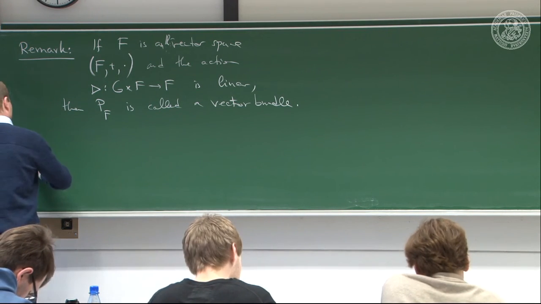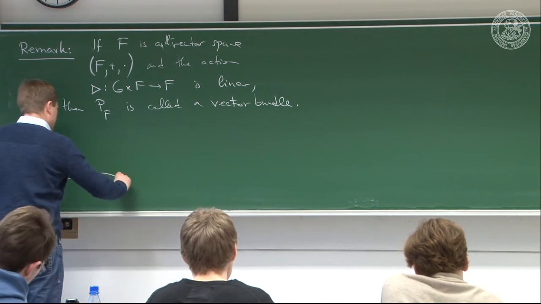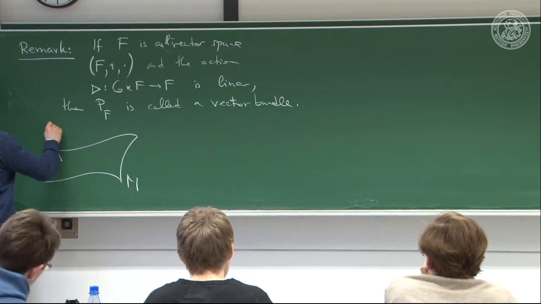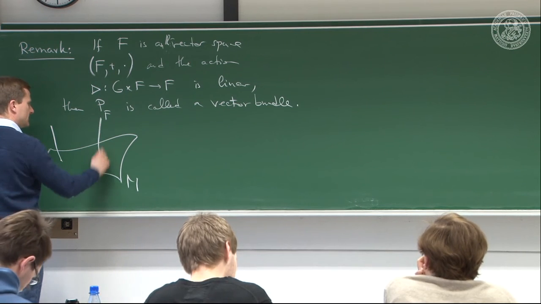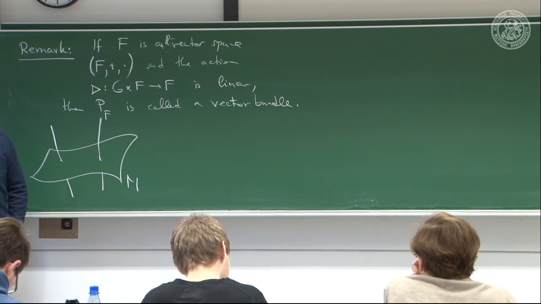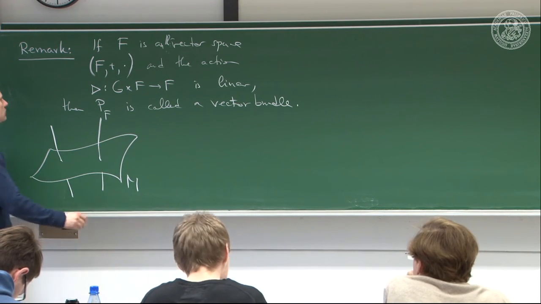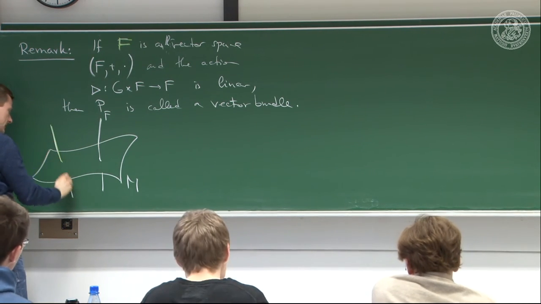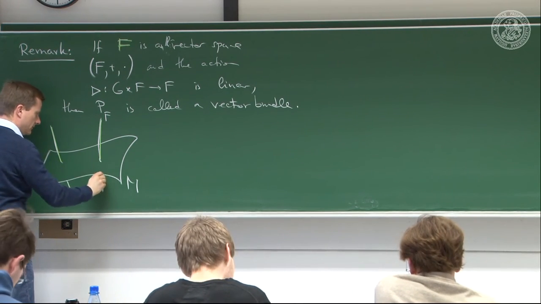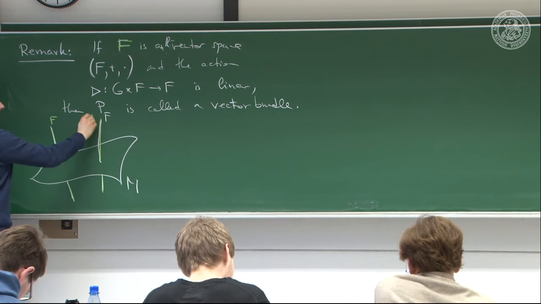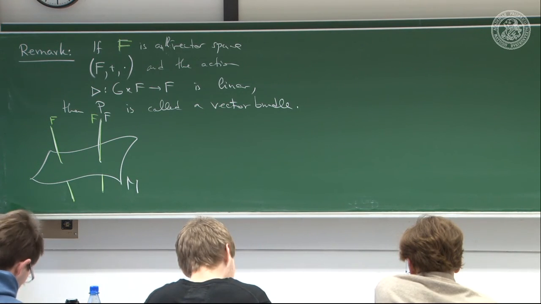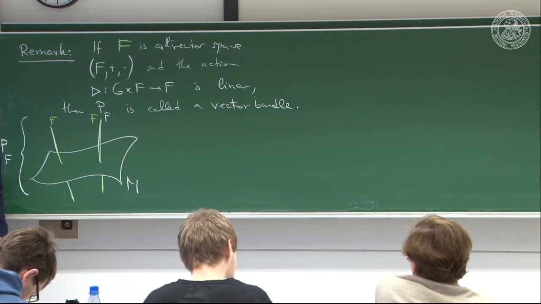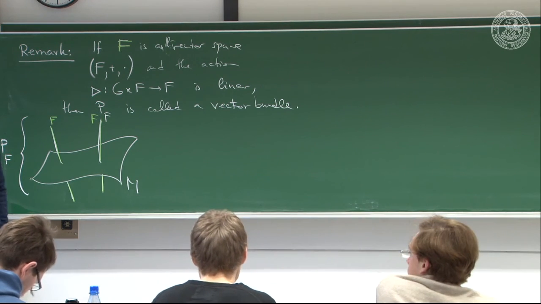But what you can do now is, of course, fantastic, because now this is M. These here are again fibers, but it's a different picture from the several ones I drew before, because now this fiber F is attached at every point, and the whole thing here is supposed to be a local picture of the associated bundle.